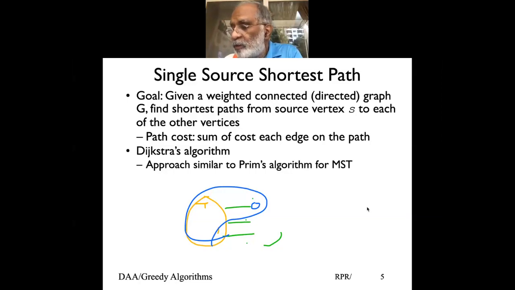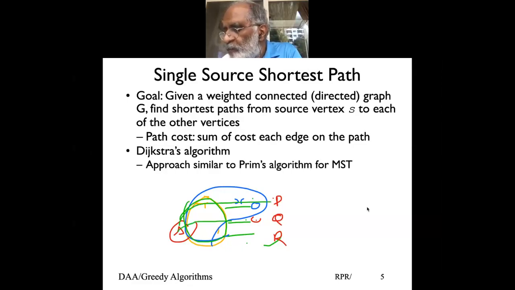We'll take a similar approach, but the difference will be we will not look at the cost of this edge, like we were looking at the cost of this edge X. Instead of looking at the cost of X, we look at the overall distance from, let's say this is my source vertex S. For all these nodes, let's say nodes P, Q, R, we will look at, from the tree taken so far, what is the distance using this node to P, to Q, to R from S, rather than looking at only the individual edge cost.